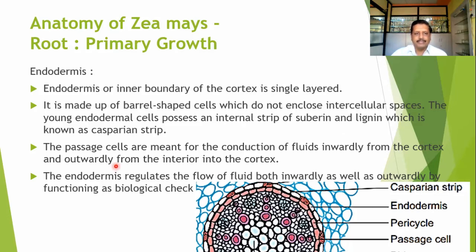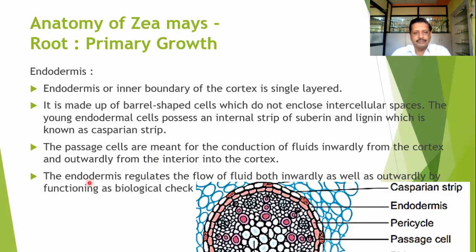Okay? The passage cells are meant for the conduction of fluid. So these are for the conduction of fluids inwardly from the cortex and outwardly from the interior into the cortex. In both conditions, these gaps and Casparian strips help with the exchange of fluid, from the cortex inward and from the inner stele outward to the cortex.